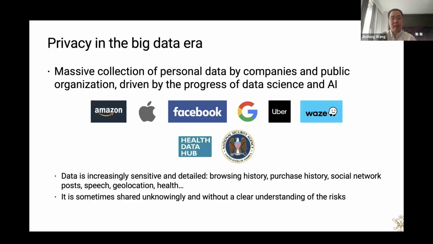These giant companies, everybody using applications, online or offline, keep collecting our data, which is becoming increasingly sensitive and detailed. For example, you are using Google Chrome, right? Browsing history, purchase history, social network posts, speech, geolocation, health. But it's sometimes shared unknowingly and without a clear understanding of the risks.